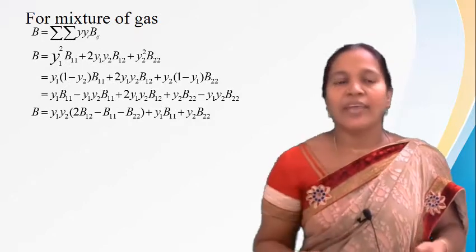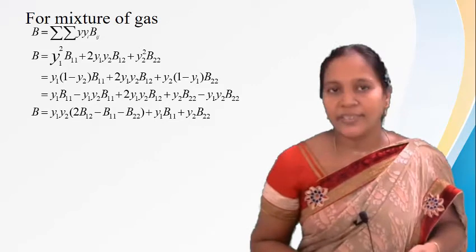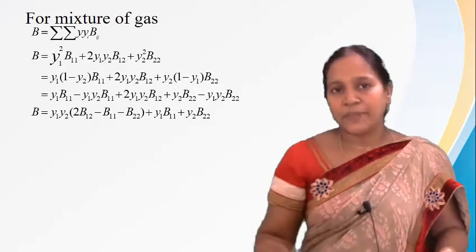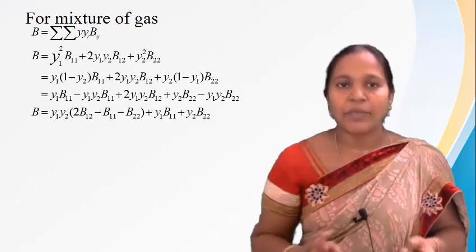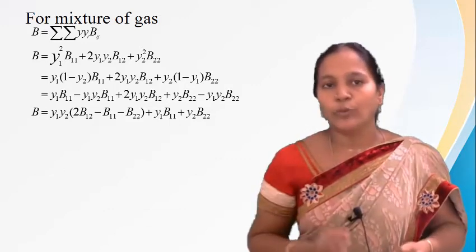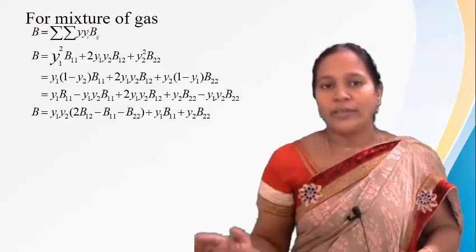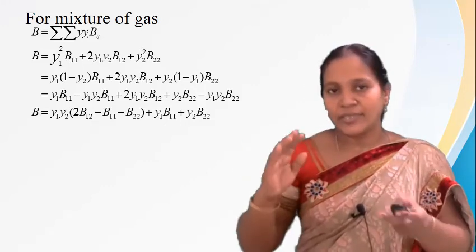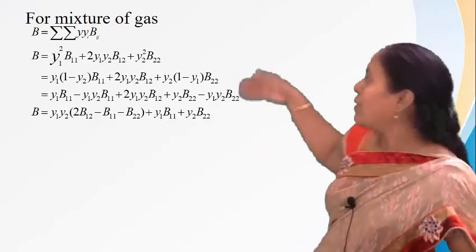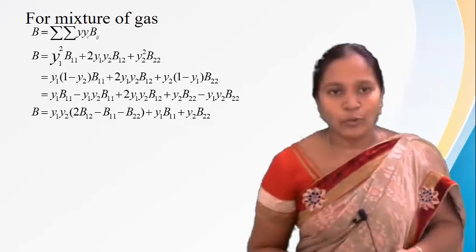For a mixture of gas, B is equal to sigma sigma yi yj Bij. Here, open the sigma term for binary species: y1 square B11 plus 2 y1 y2 B12 plus y2 square B22. Here, replace y1 with 1 minus y2: y1 B11 minus y1 y2 B11 plus 2 y1 y2 B12 plus y2 B22 minus y1 y2 B22.